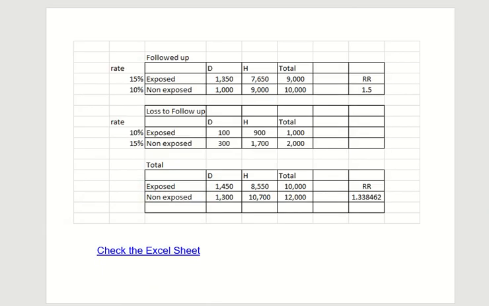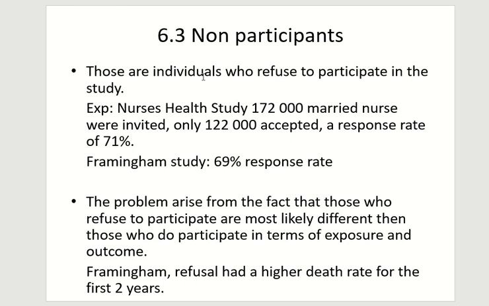Okay, so let's continue. Number 3, we need to worry about non-participants. Those are individuals who refuse to participate in the study from the beginning. They are not lost to follow up; from the start they said no thank you, I don't want to be part of your study. In the nurses' health study, 172,000 married nurses were invited, only 122,000 accepted.